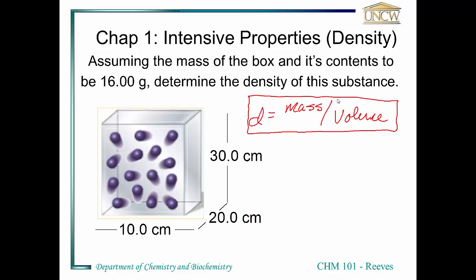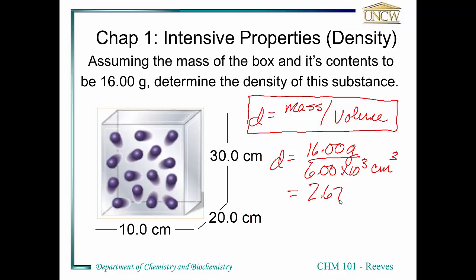So our density is going to be 16.00 grams divided by 6.00 times 10 to the third cubic centimeters. And that turns out to be 2.67 times 10 to the minus 3 grams per cubic centimeter. So now I have a way of converting between the mass of something and its volume.